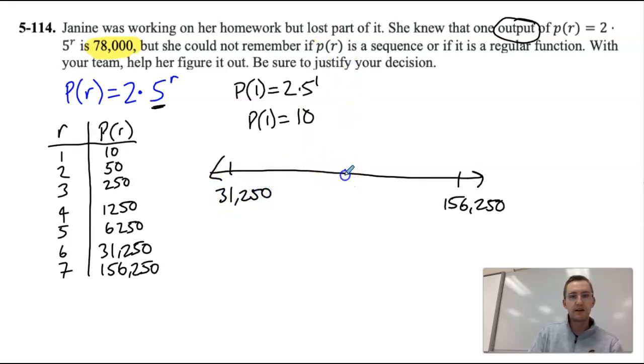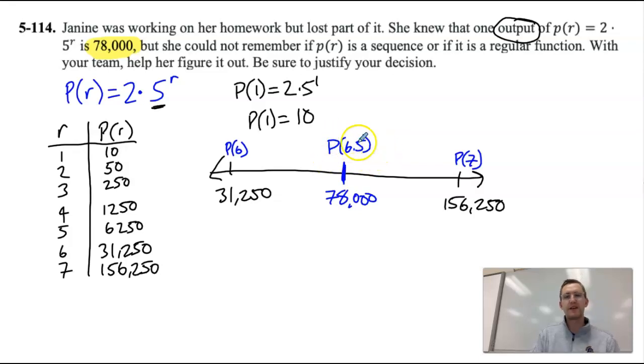Somewhere in the middle here is our output that Janine remembered, 78,000. This is P of 6. This is P of 7. Because we're somewhere in between, R would be something like 6.5.